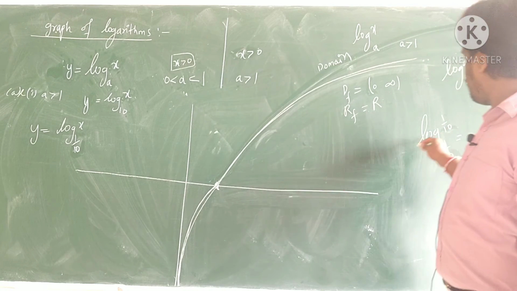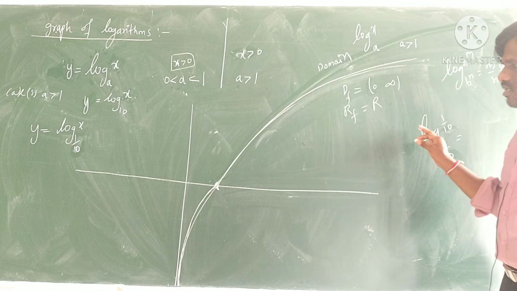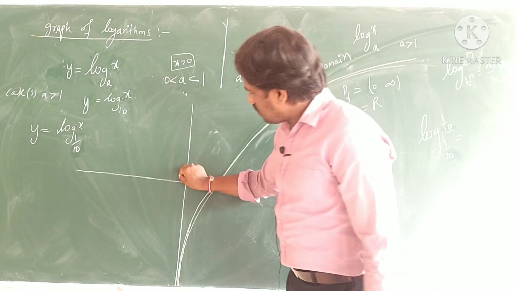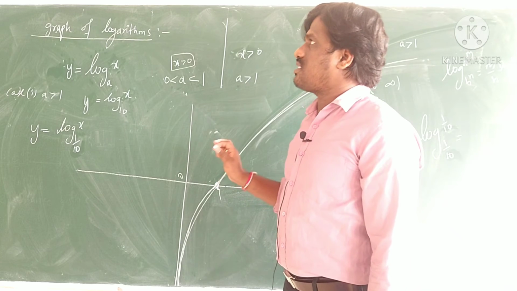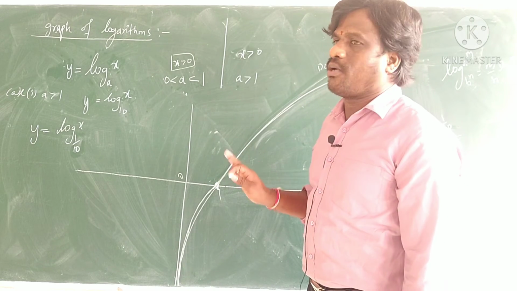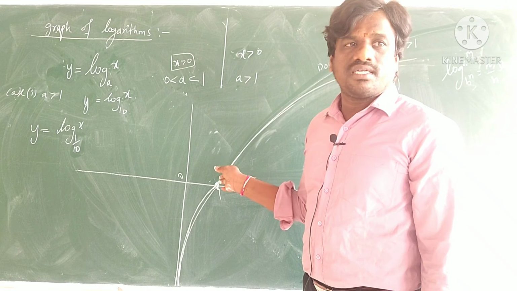See, this is the thing I am telling you about: 0 to 1, in between. So 0 to 1 in between, let us take the next number, anything you get positive. I want to tell you that you get the positive result here.